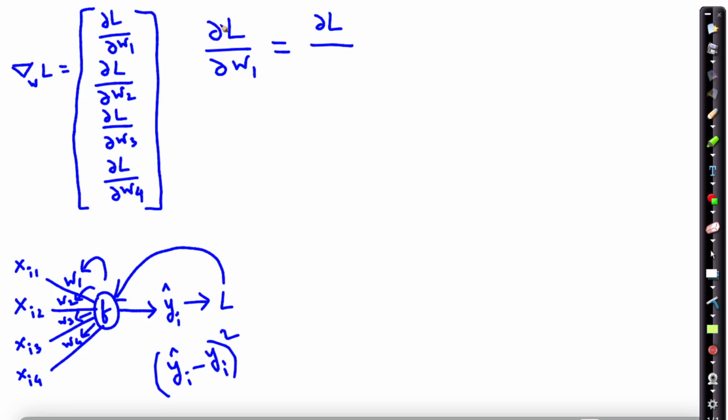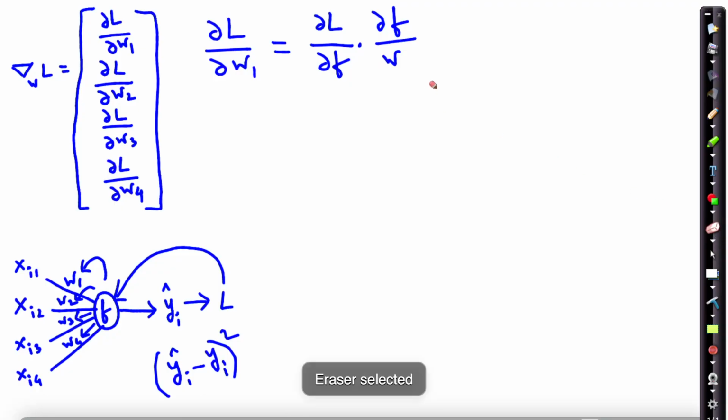See, dou L by dou W1 is nothing but dou L by dou f, that is the derivative of L with respect to f, multiplied by the derivative of f with respect to W1.